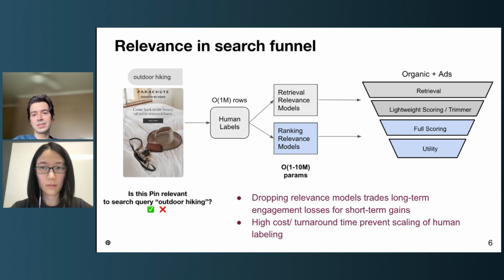We have experimented with dropping relevance models from the search funnel. While this led to short-term wins on user engagement, we have observed drops in the long term, which proves the importance of relevance. One major challenge we have faced is the time and resource required to scale up the relevance labels.